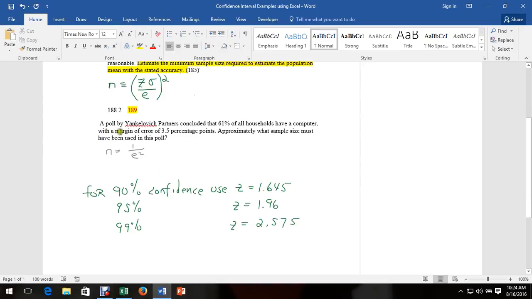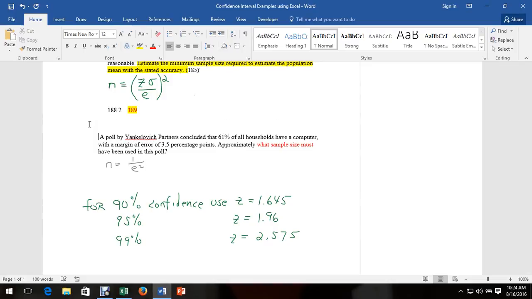Now with the second one, same kind of a problem. What sample size must have been used? But the big difference here is they're talking about a proportion of things. They say that this poll said that 61% of all households have a computer, and the margin of error they know is 3.5 percentage points.